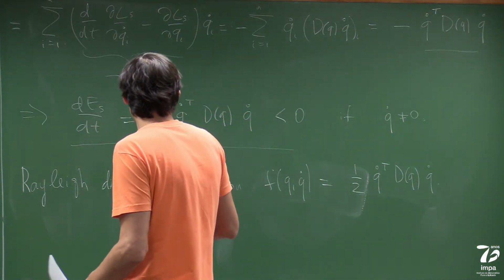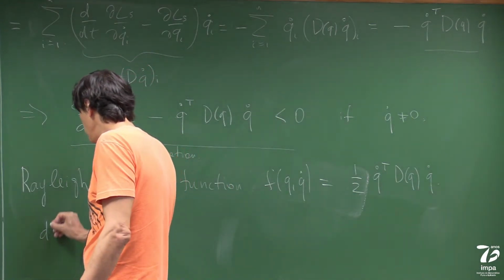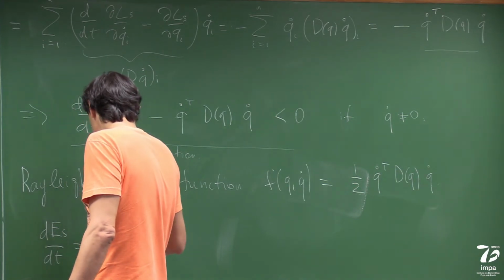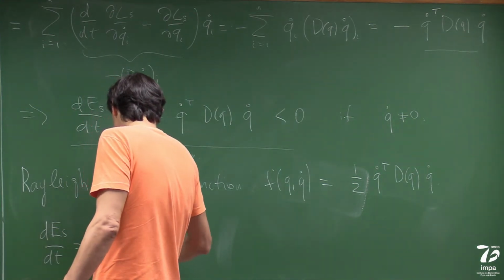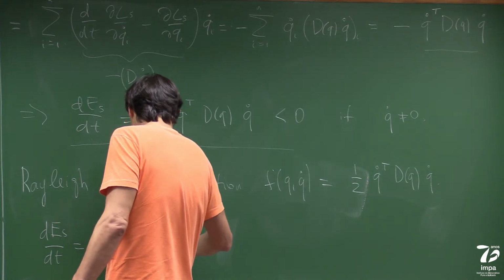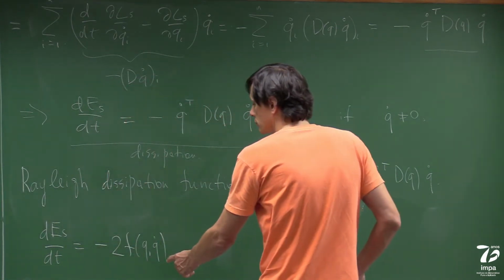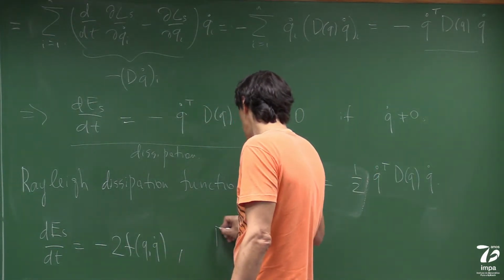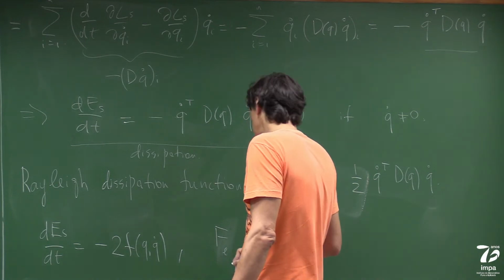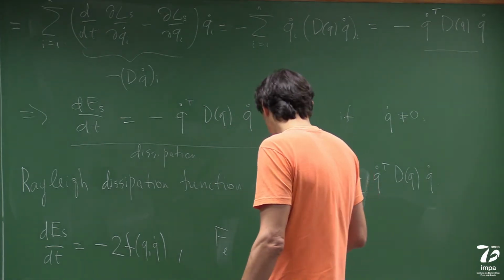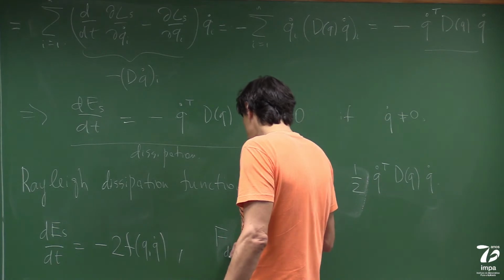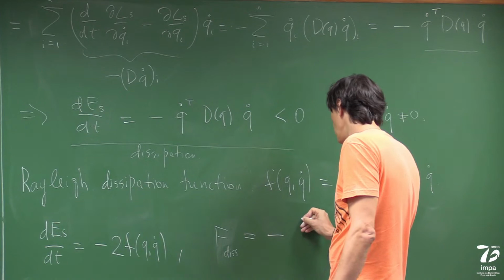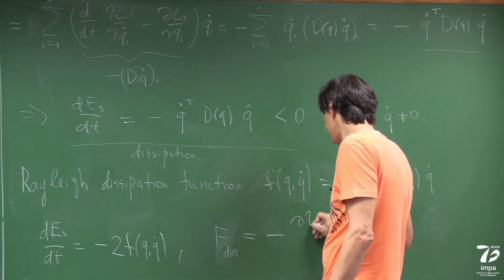So that's how it's used. First of all, you can write all the equations in a more compact form. So minus 2 times the Rayleigh function gives you the change of energy, and the motivation of the definition is that the dissipative force can be written as minus the derivative.